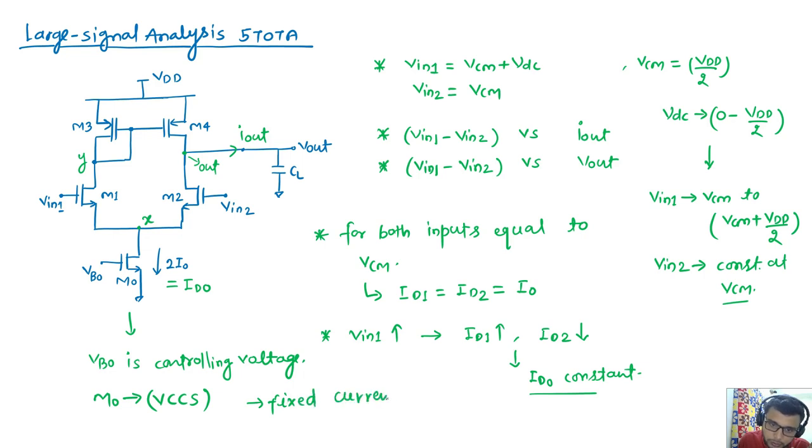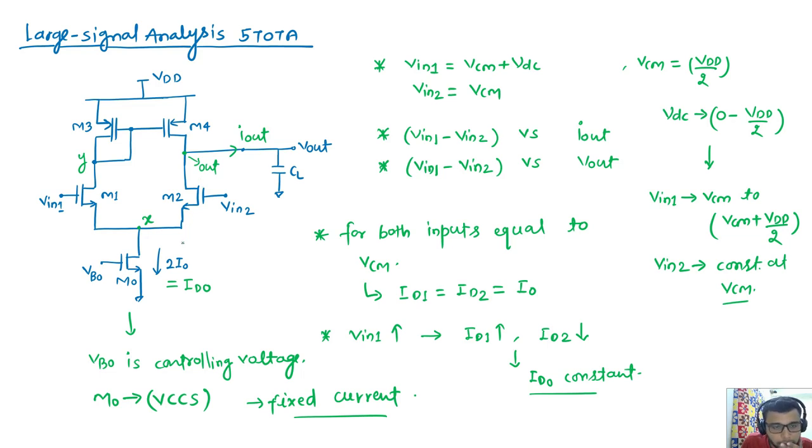One thing we know well: if one side of the input is increasing, the current will increase on that side and the current will decrease on the other side, because the current increasing on this side directly means current is reducing on the other side.